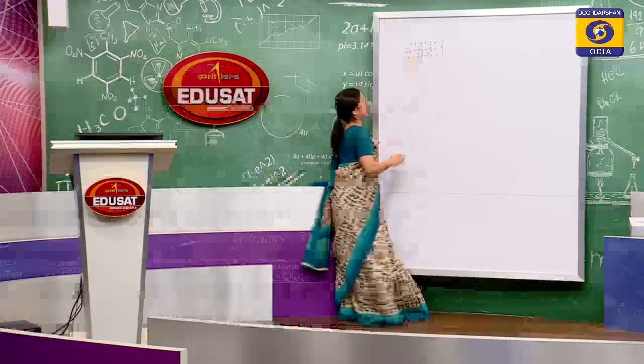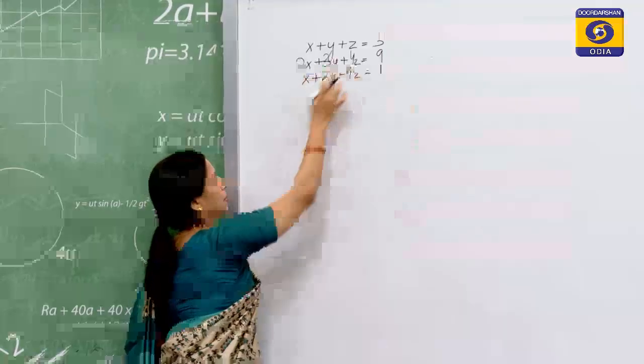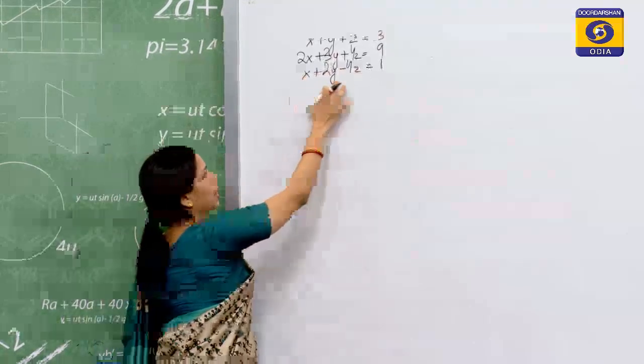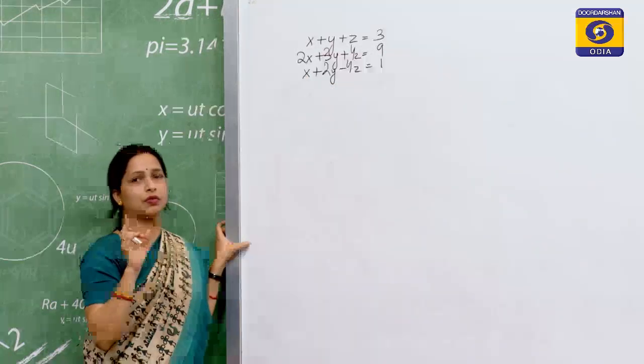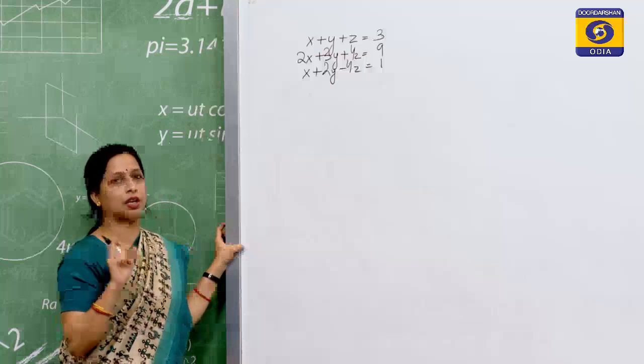So, here is the question: x plus y plus z equals 3, 2x plus 3y plus 4z equals 9 and x plus 2y minus 4z equals 1, right. Now, what is the first step? The first step is we have to make the determinant of the coefficients.